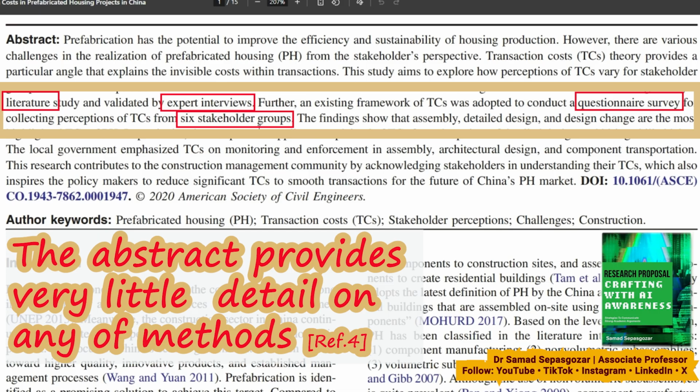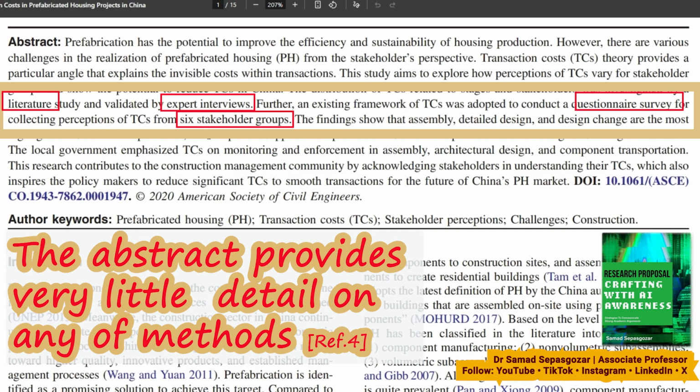That sounds like a big study, but the abstract provides very little detail on any of these elements. It doesn't say how many experts, how the sample was chosen, how the questionnaire was designed, or how the data was analyzed. So the method section feels dense but vague, lots of steps but no clarity. This is something that needs to be really clear.